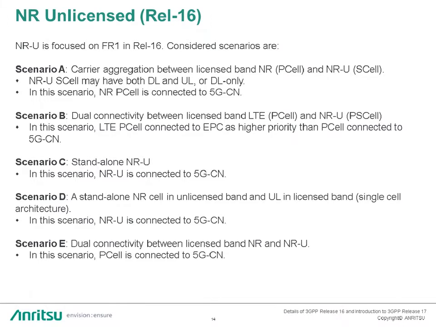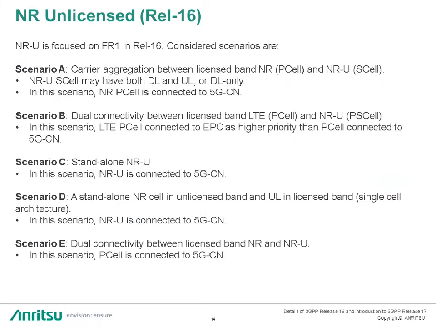And for this, there have been a lot of interoperability options introduced. For example, carrier aggregation between NR and NR unlicensed, dual connectivity between LTE and NR unlicensed. Also, there is standalone NR unlicensed.